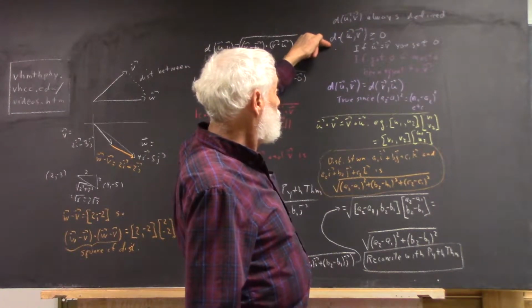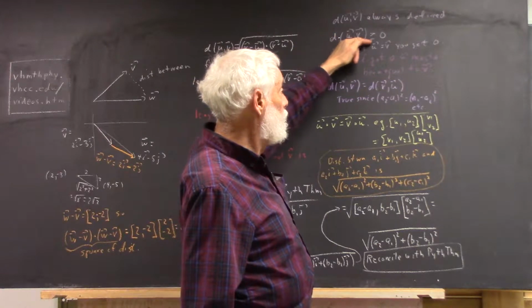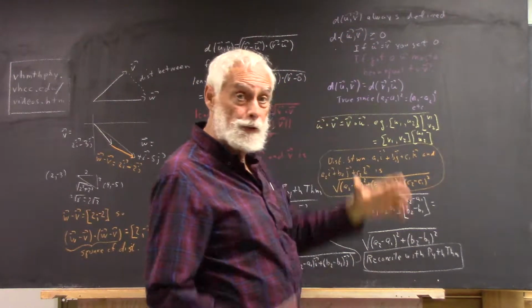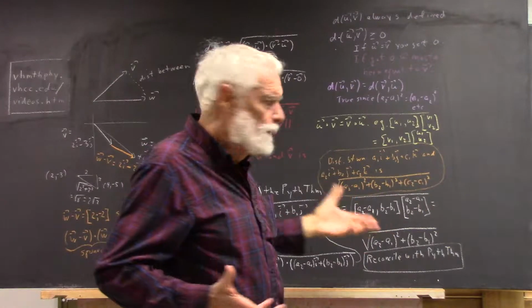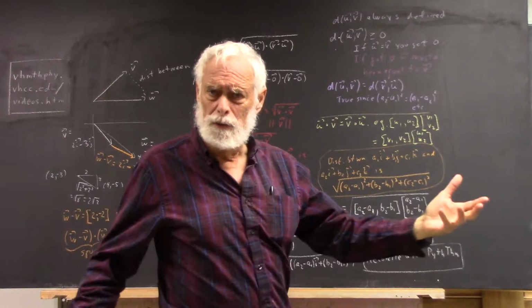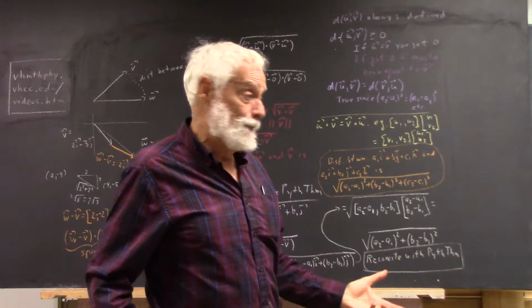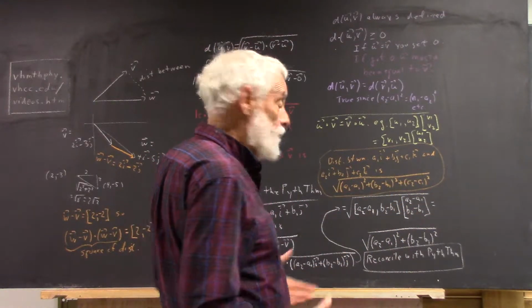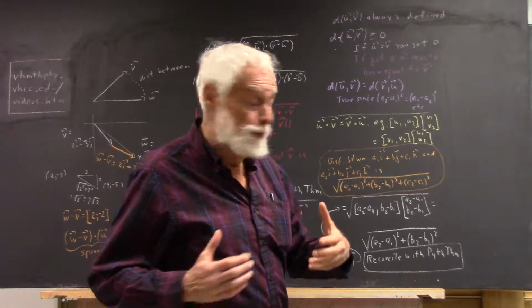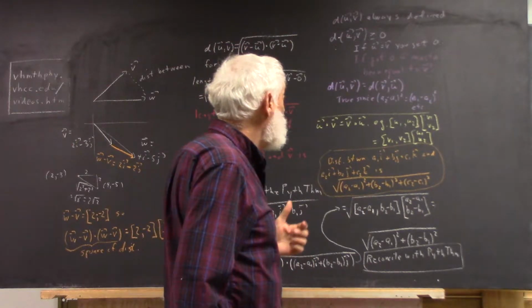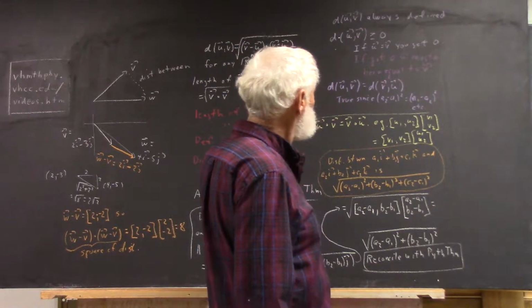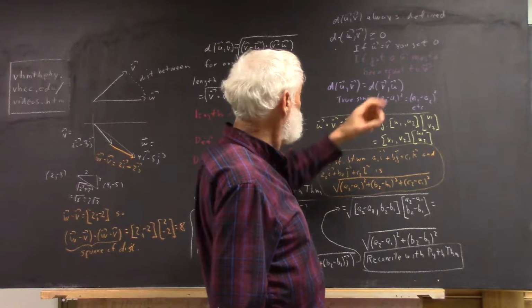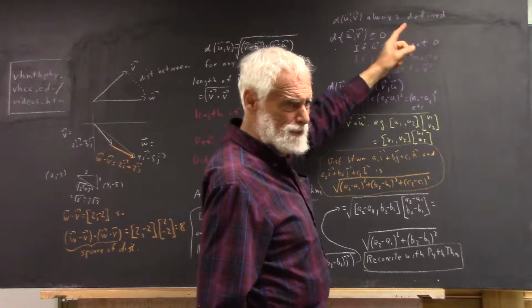Okay, so we want to confirm, first of all, that the distance between U and V is never negative, because the distance can't be negative, but we've defined it in terms of a dot product, so we want to be sure that it conforms with our intuition, and that the distance really isn't ever negative. So first of all, we have to wrestle with the idea, is it even always defined?